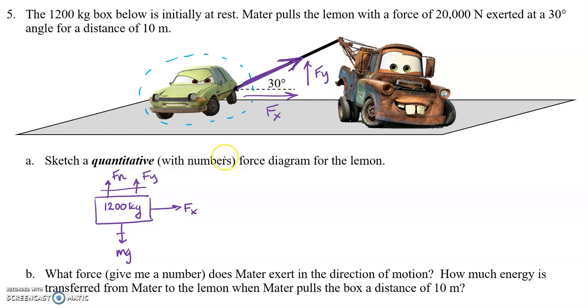So we want to put some numbers on this. Okay, so I'm just focusing on the key ideas here. So if we want a number for f of y, well, remember, f of y, as we mentioned earlier, is equal to the initial force times sine of the angle. So we know he's pulling with a force of 220,000.